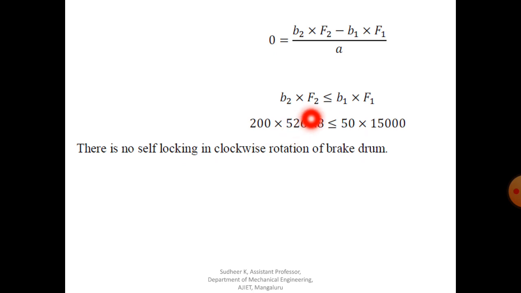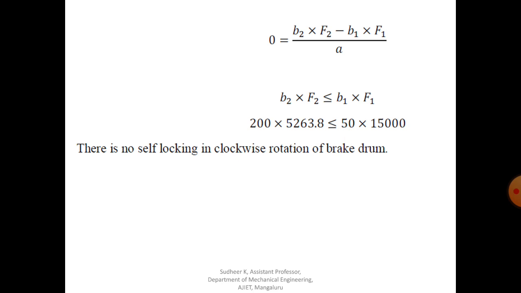So B2 into F2 should be lesser than B1 into F1. So 200 into 5263.8 should be lesser than 50 into 15,000. This value comes greater than that value, that is the LHS value becomes more than the RHS value.